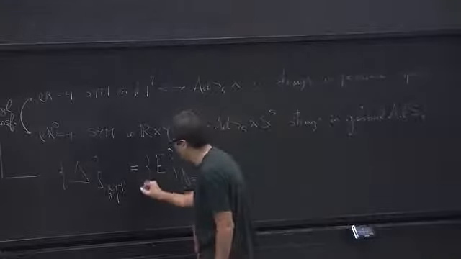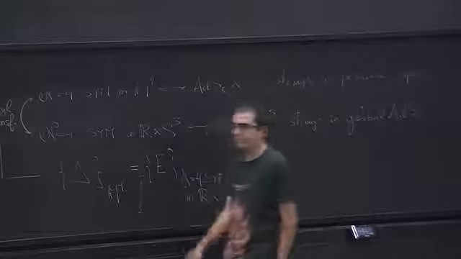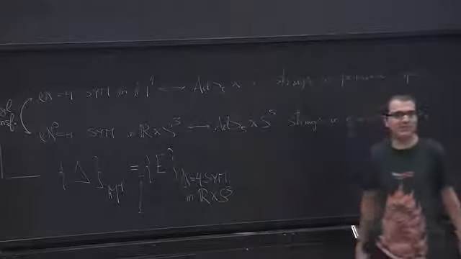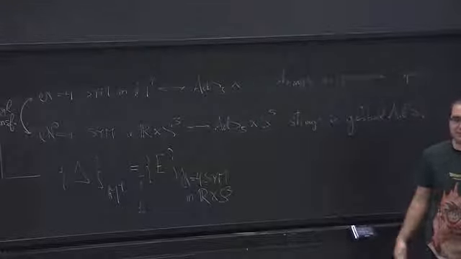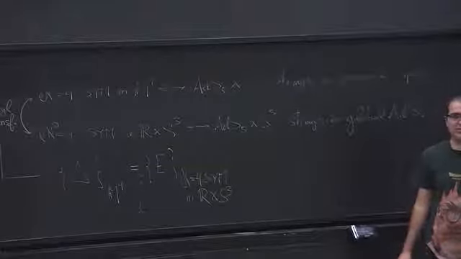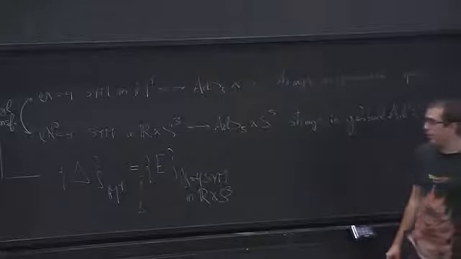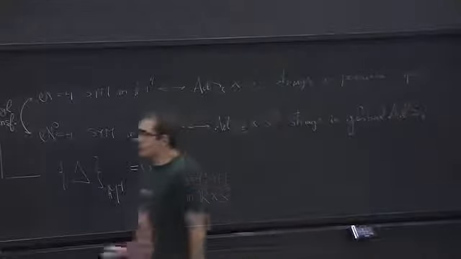But this L we set to 1 because we know where to put it. This is just usual radial quantization, but I don't want to use those words because some of you did not have CFT.